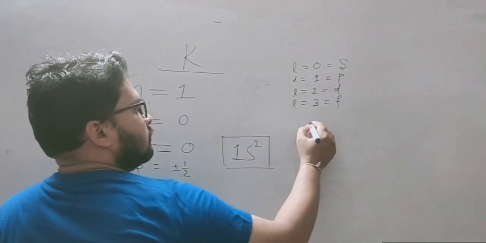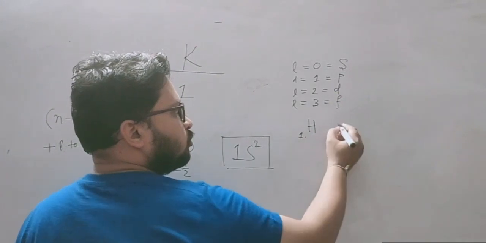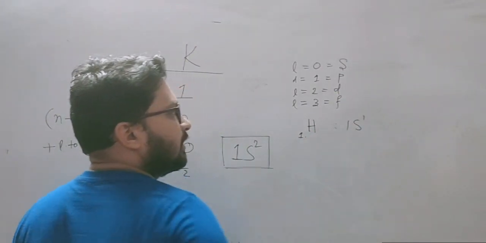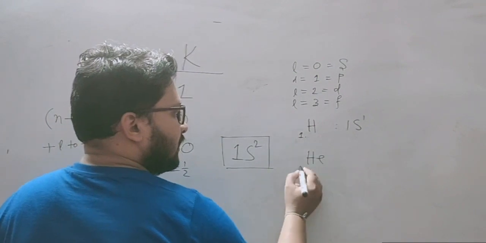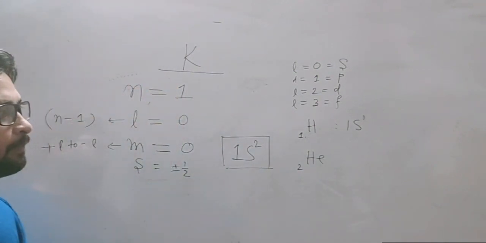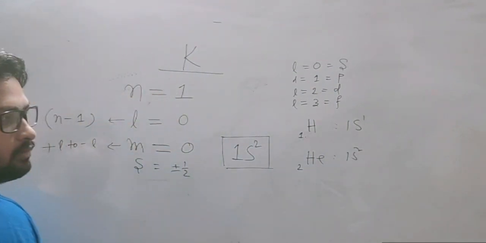Now hydrogen, we know the atomic number of hydrogen is 1, so we can write the electronic configuration 1s1. The atomic number of helium is 2, so we can write 1s2.